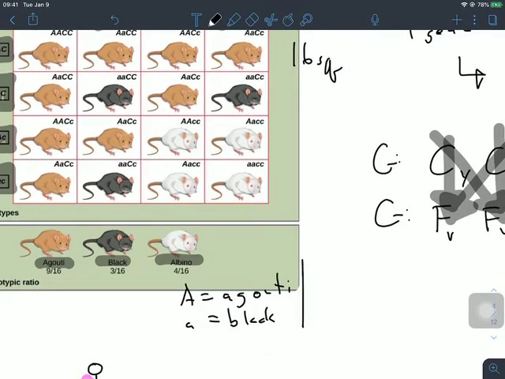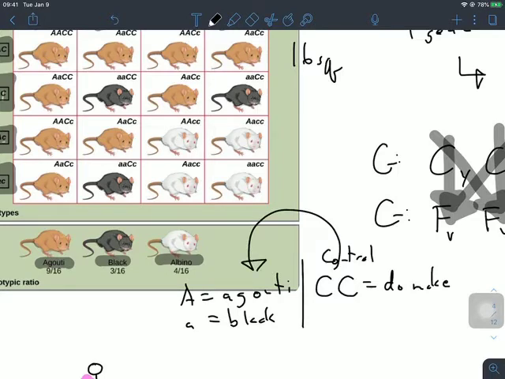So you have your agouti locus, and then you have your control locus, or control gene. If you have 2 capital C's, this means that you do make color, meaning that your color is going to be checked at your agouti, meaning proceed, go ahead, make a color gene. The same is true if you are heterozygous.